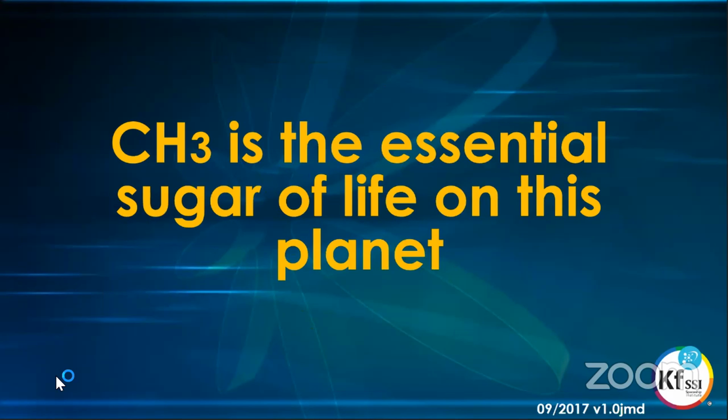And CH3 is the essential sugar of life on this planet. It makes up everything that is required for life, the building blocks for life. It gives the energy for us as human beings, for your plants, for your insects. Everything that requires energy needs the CH3 and uses CH3.